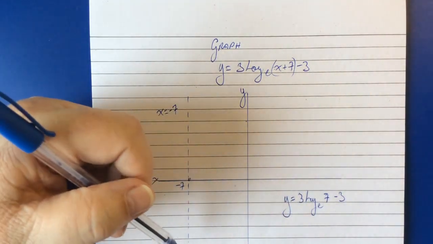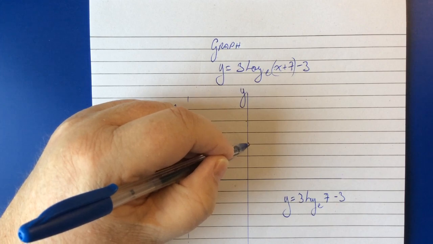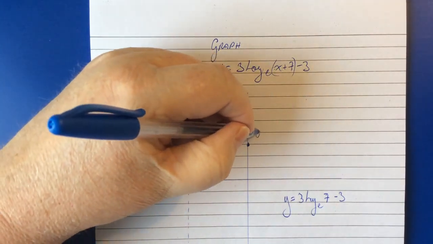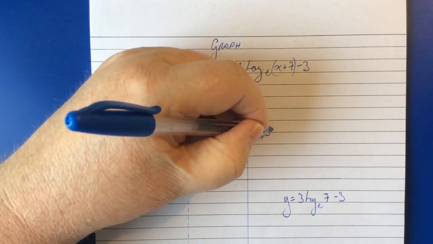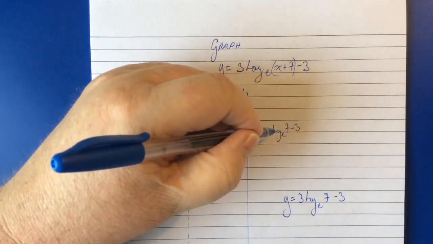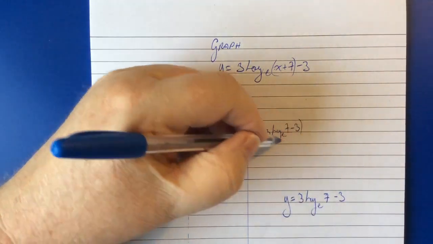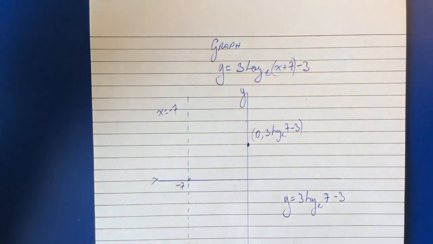And that is where x equals 0. So that is somewhere here. Let's mark a point and call it what it is, which is 3 log e 7 minus 3, which you can go to the trouble of putting in your calculator and getting an approximation for.